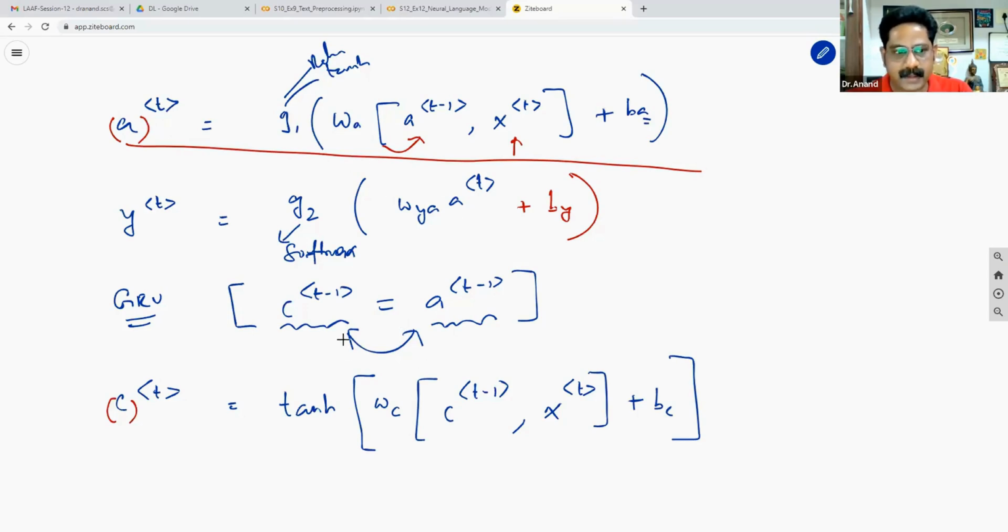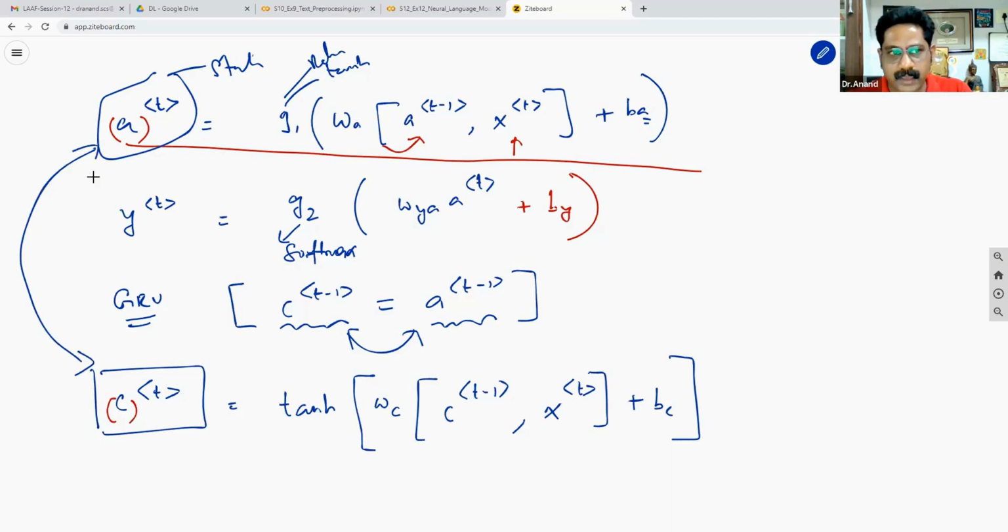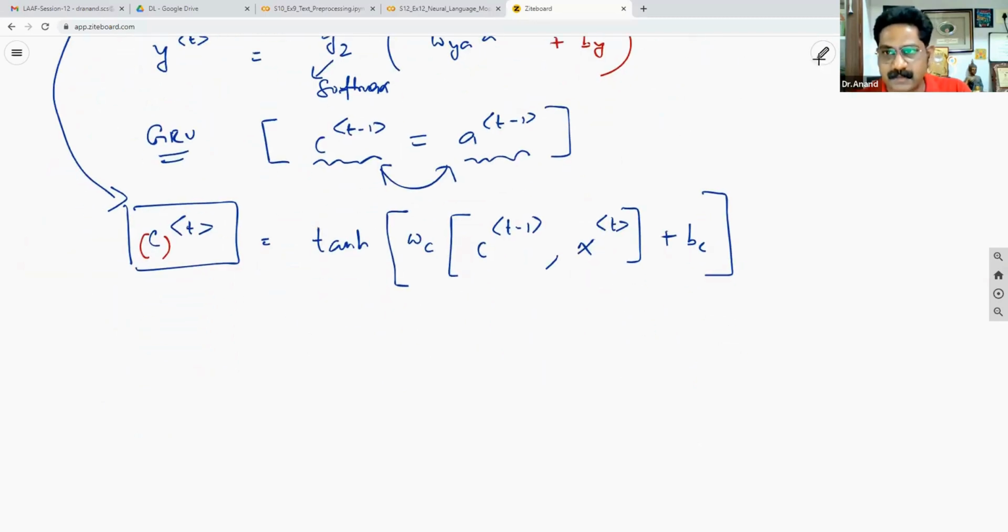But what is the very big deal about this? Here this A T is static. Remember, here the A T is static. Here the C of T is going to act as A T, but this C of T is going to be dynamic. So in what way has this dynamism been introduced here?